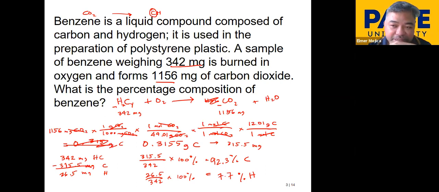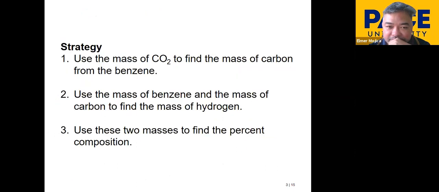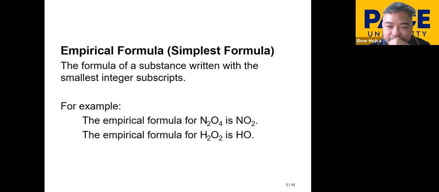And this could be the basis for the concept that we have next, the empirical formula. When we're talking about the empirical formula, this is the simplest formula, the formula of a substance written with the smallest integer subscripts, or the smallest whole number ratio.